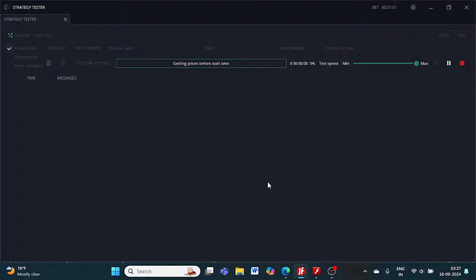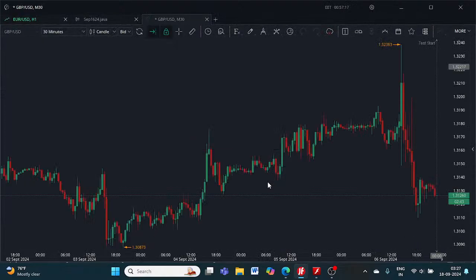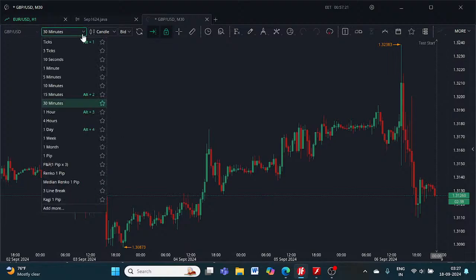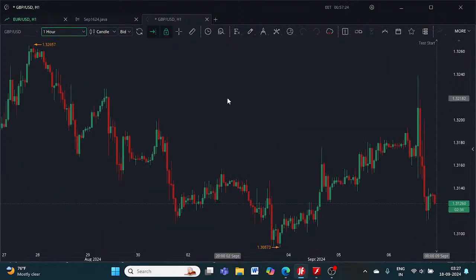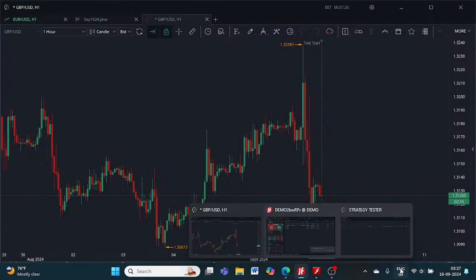and let's see what kind of trades are generated and how many times we make money or lose money. All that can be assessed using these historical tester, testing on the historical data. Let me change the candle grid to hourly.